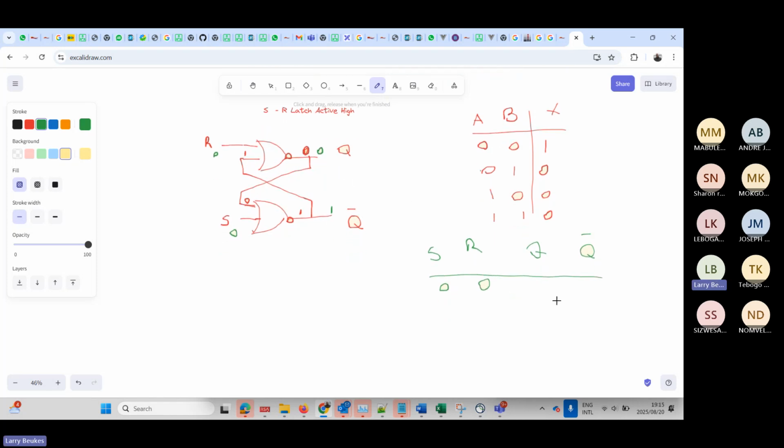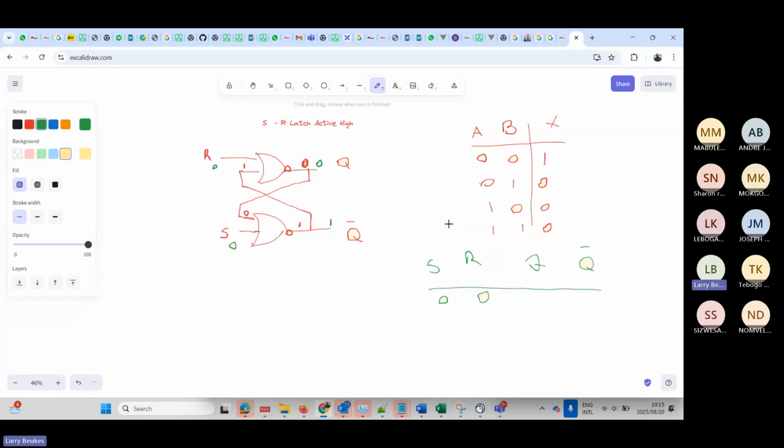So we saw that Q is 0. Let me just confirm. Q is 0. From here we saw Q is 0, and then here we saw our Q naught is 1. Let's see what happens now. So if we have 0 here and then we have 1 here, let's change our S, for example.